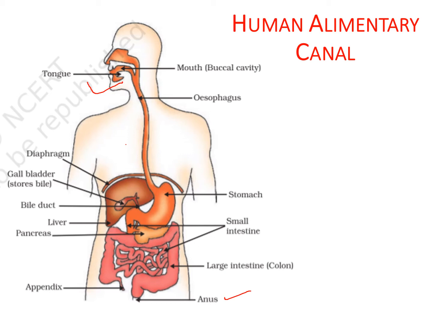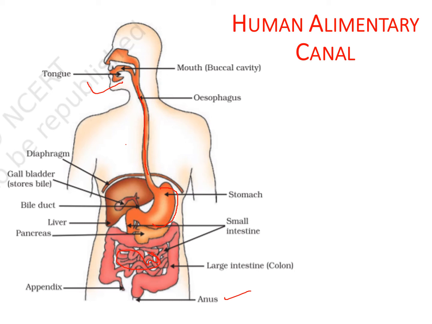So after the mouth you have the esophagus. This pipe is the esophagus, which extends into a small bag-like structure called the stomach. The stomach then extends to form this coiled pipe over here, which is called the small intestine.